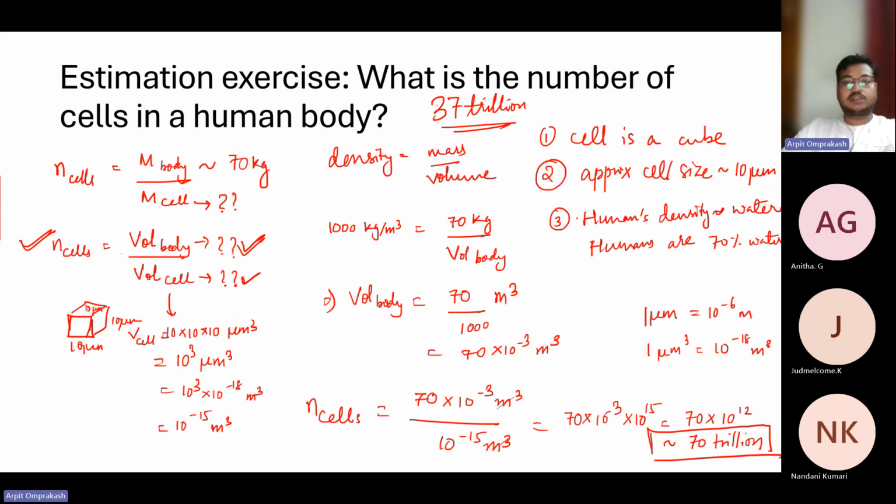And the third assumption that we made was that the density of a human body is similar to the density of water, because we know that humans are made up mostly of water. Right. So if your assumptions are reasonable, the value that you arrive at will also be reasonable. And that is exactly the aim of this process. Does anyone have any questions or doubts?